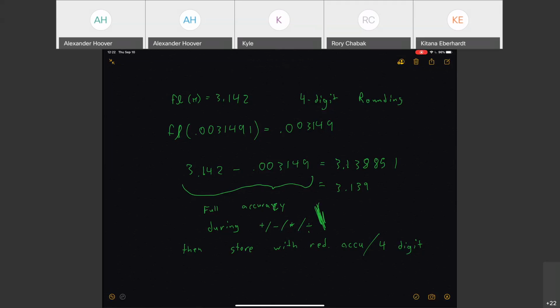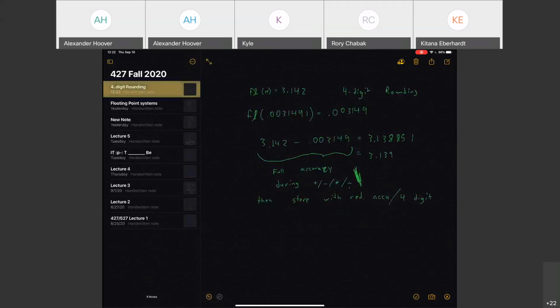But then when you actually store the number, you have the reduced accuracy. Okay. Makes sense? That's not really the lesson today.